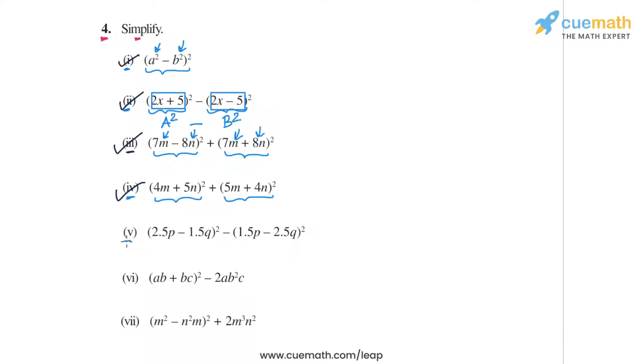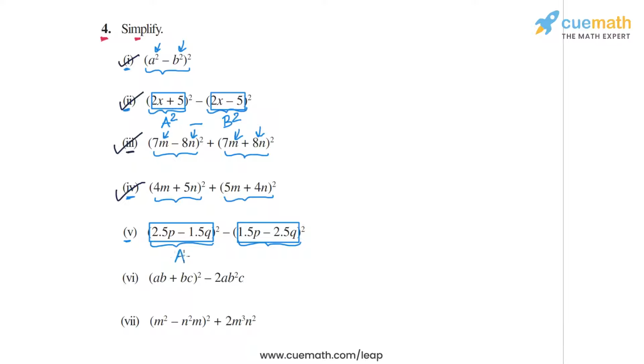Next we come to part 5, in which we have to simplify the expression 2.5p minus 1.5q whole square minus 1.5p minus 2.5q whole square. So this part is similar to part 2 in the sense that this expression is of the form a square minus b square, where a is this expression 2.5p minus 1.5q and b is this expression 1.5p minus 2.5q.